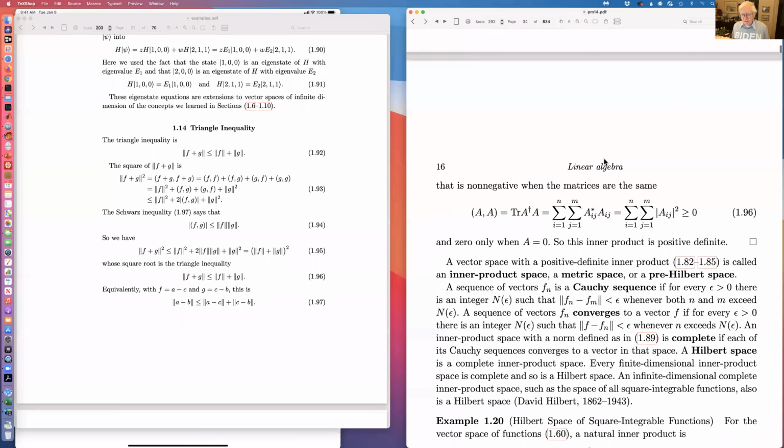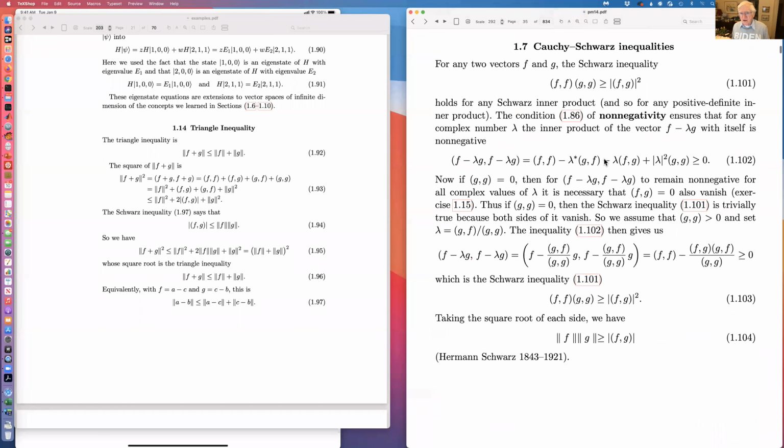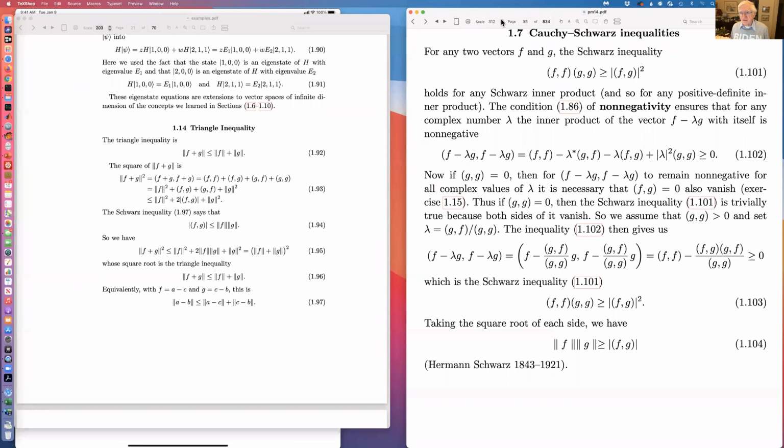Anyhow, one of the important consequences of an inner product is the Schwarz inequality, and this holds for any Schwarz inner product. Remember, for a Schwarz inner product, you don't quite need all of the properties.